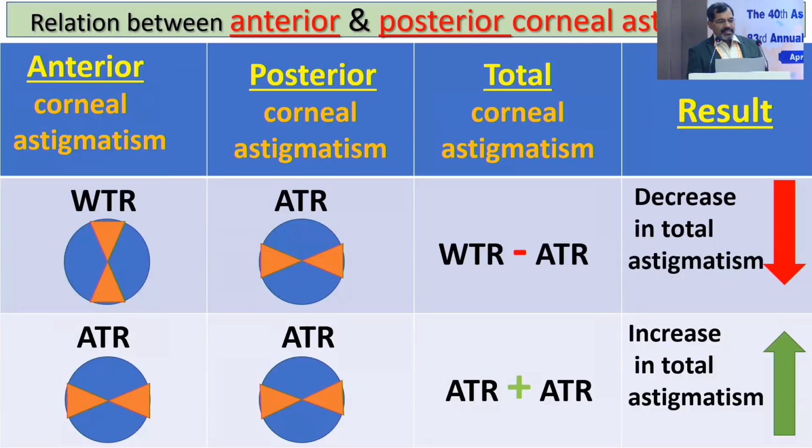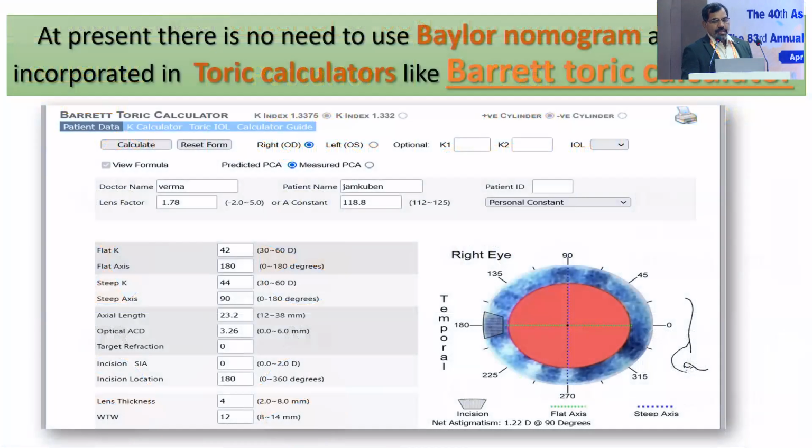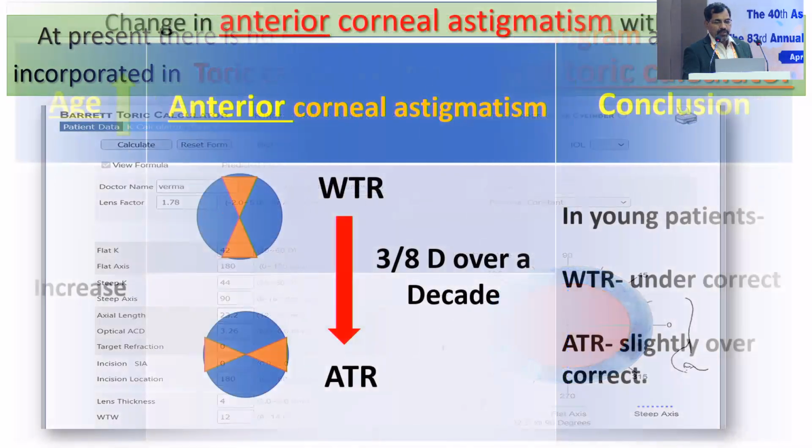And when the anterior corneal astigmatism is against the rule, the posterior is adding to it, so the total is increased, and we have to overcorrect it. This is the Barrett toric calculator. We need not calculate the posterior by the Baylor nomogram, as it is incorporated in these calculators.